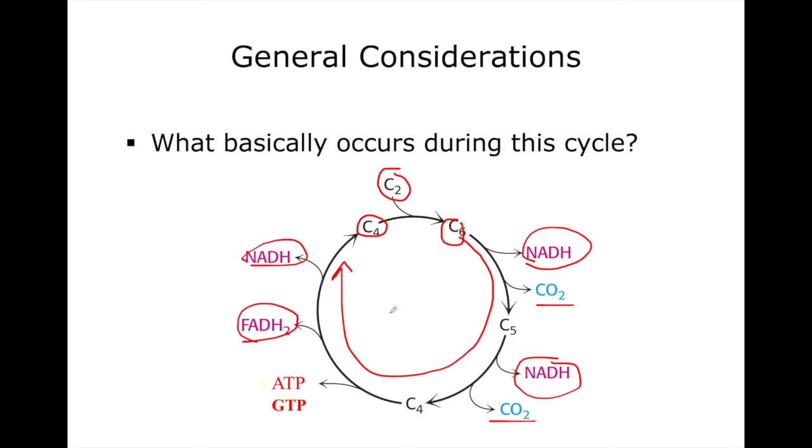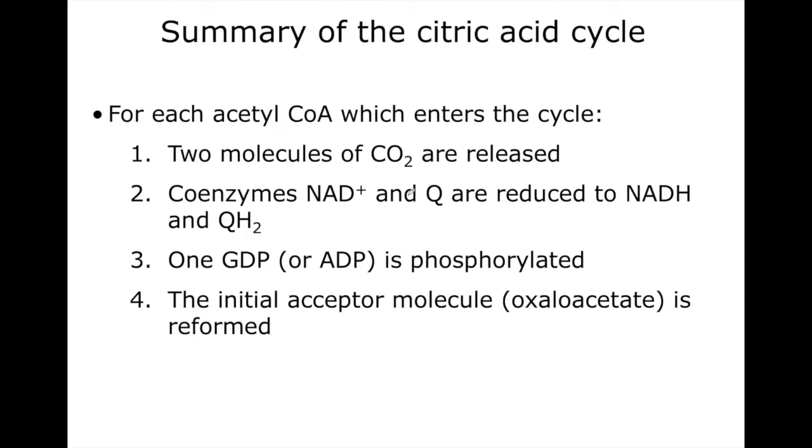They'll go on to help produce ATP through oxidative phosphorylation. Now, there is a step where we actually phosphorylate ADP through what's called substrate level phosphorylation to produce either ATP or GTP. Most mammals, we produce GTP, but some lower life forms do produce ATP. So this is a very general overview of the citric acid cycle, and so we want to talk about that in a little more detail.